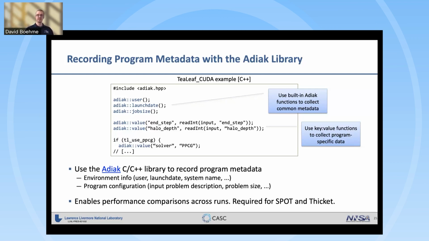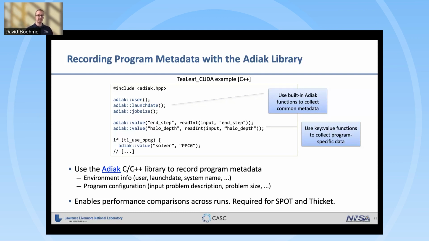So the kind of information that we typically collect includes build information, like, for example, what compiler was used, what compiler version, what compiler flags. Then basically the execution configuration for the job. So that would be the machine it's running on, who's launching it, what's the command line that was used, and things like that.